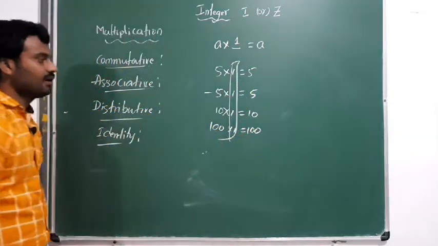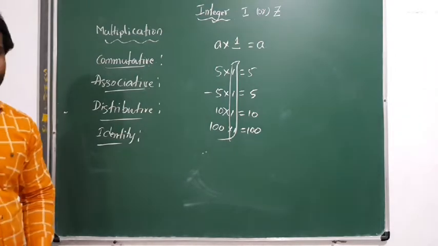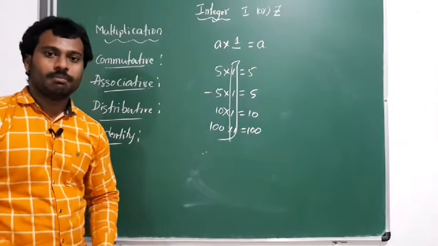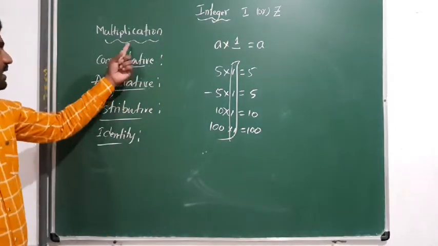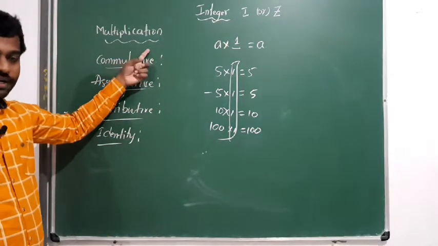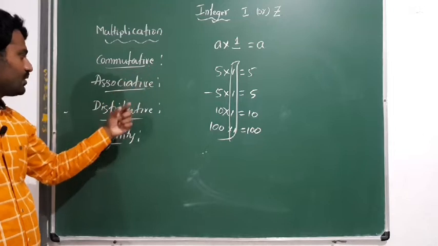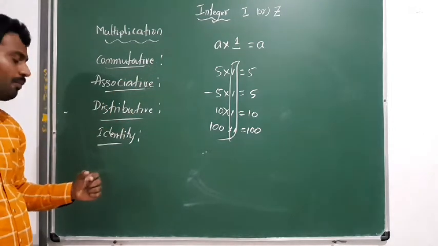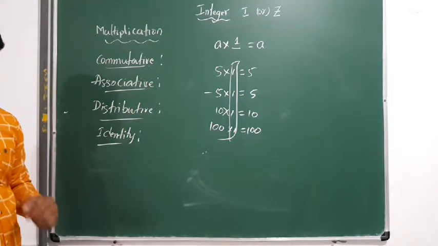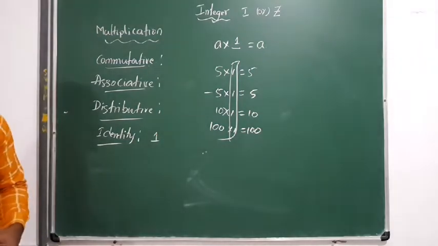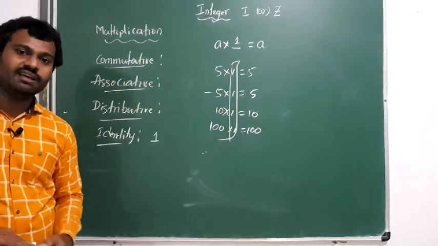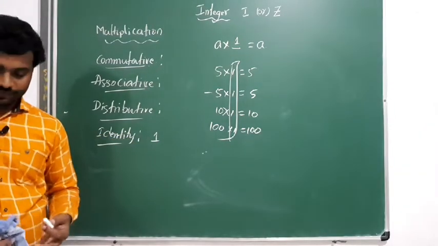So, 1 is the multiplicative identity. Is it clear? Multiplication is satisfying closure property, commutative property, associative property, distributive property, and the multiplicative identity is 1.